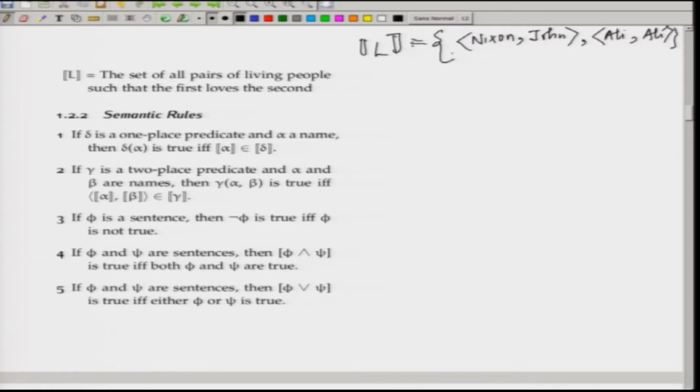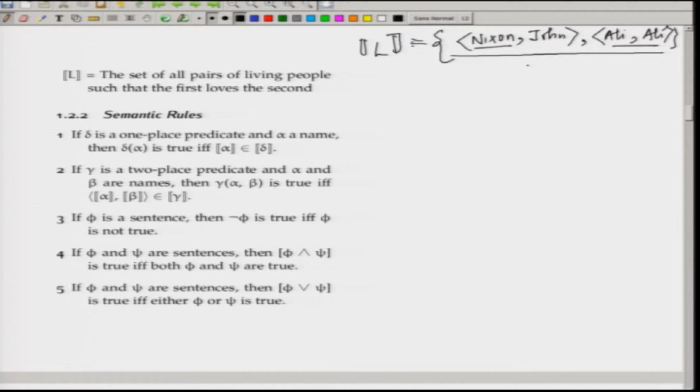Once again, this is an unordered set of ordered pairs. Each member is once again ordered: the first one loves the second, but the set itself is unordered. So, the semantic rules.